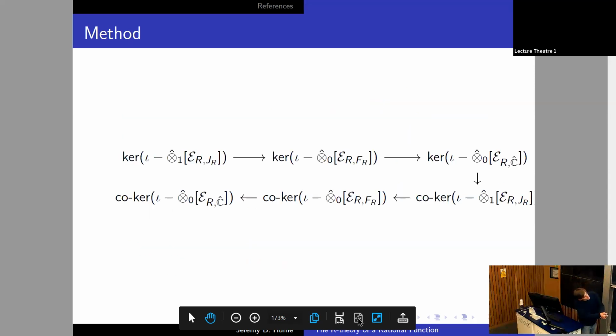If I wanted to compute the co-kernel of this mapping here, then I would need to compute this, and then the connecting maps here. And so you reduce the problem to understanding the C-star algebras associated to the dynamics on the whole Riemann sphere and the dynamics on the Fatou set. And that turns out to be quite a bit simpler.